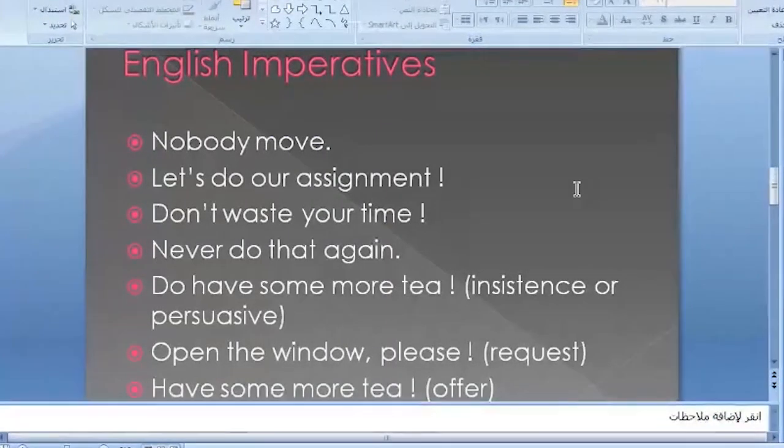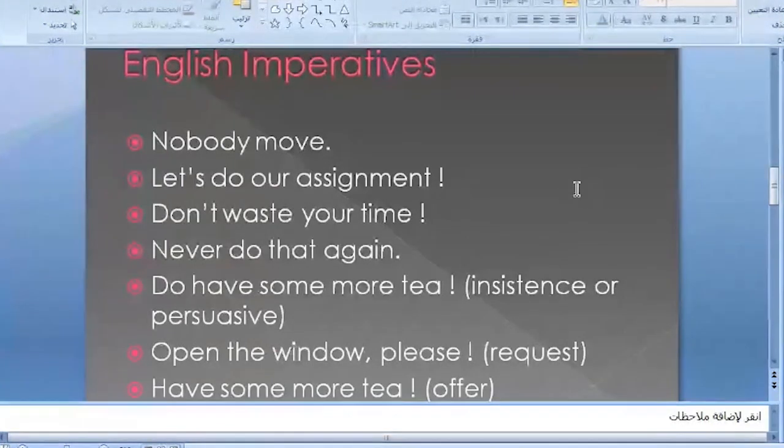Generally speaking, when we use imperatives, we either want someone to do something or both of us to do something. In the fifth example, as you can see, we have the verb "do" before the bare infinitive. If you see such a case, when there is "do" then the verb, it means that the speaker is insisting on the listener doing that thing, or he wants to persuade his listener to do that thing.